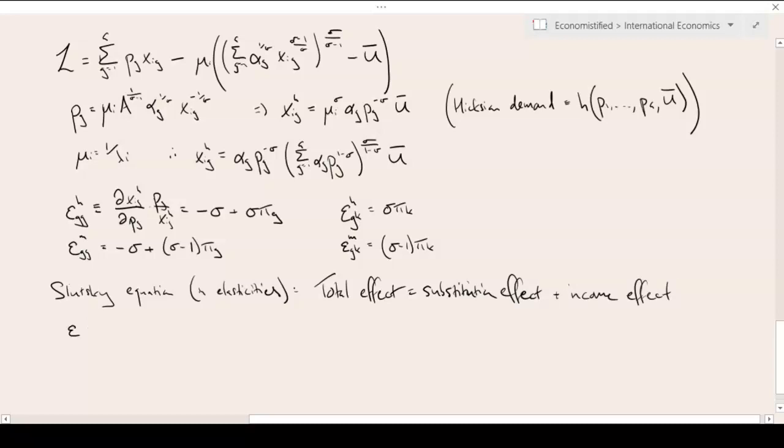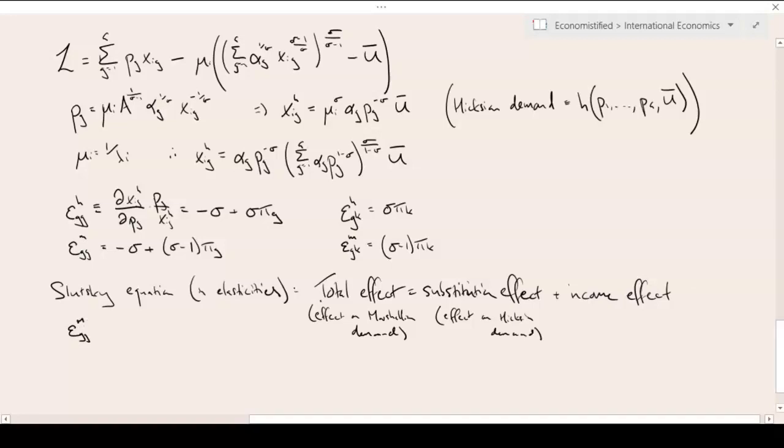And we can see that this is the total effect on Marshallian demand. The substitution effect is the effect on Hicksian demand. And this income effect is going to be a function of the budget share of the good that's changing in price.